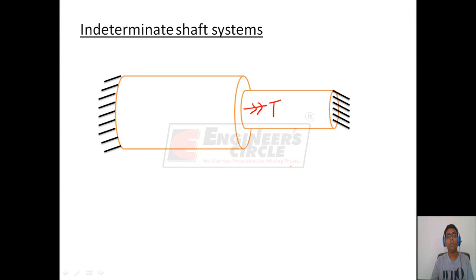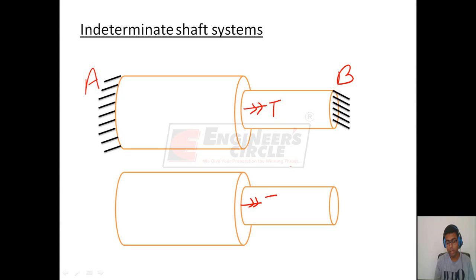Due to the application of this external twisting moment T, the reactions will be coming at end A and at end B. To find the reactions at end A, assume that the reaction at end A be TA and at end B be TB. These reactions are the twisting reactions because the load is a twisting moment.